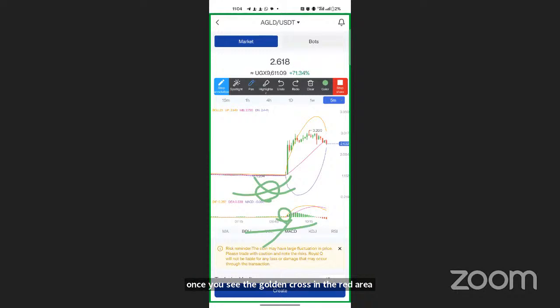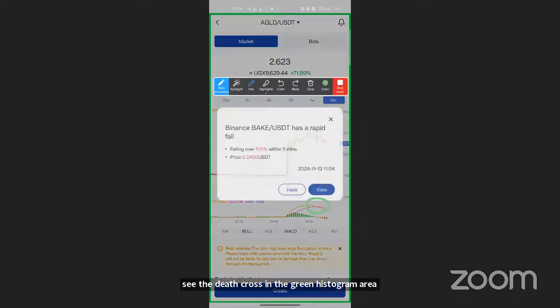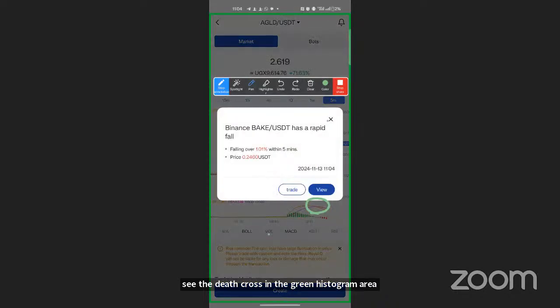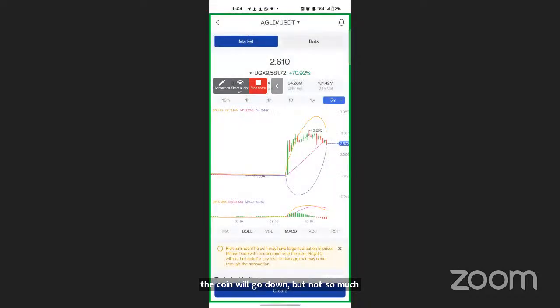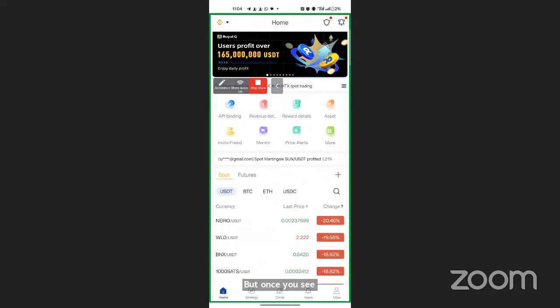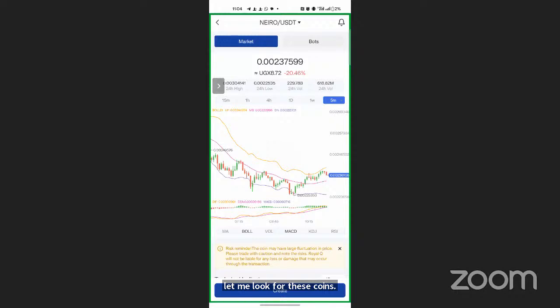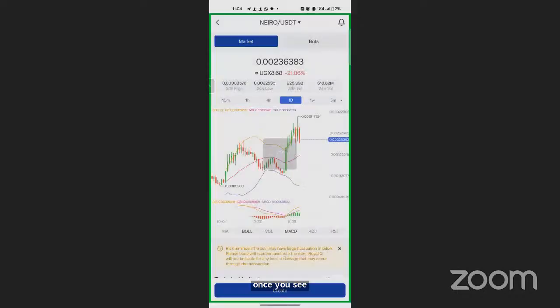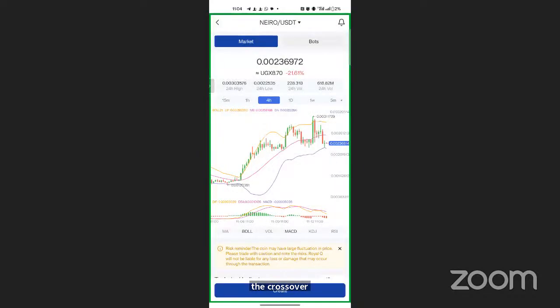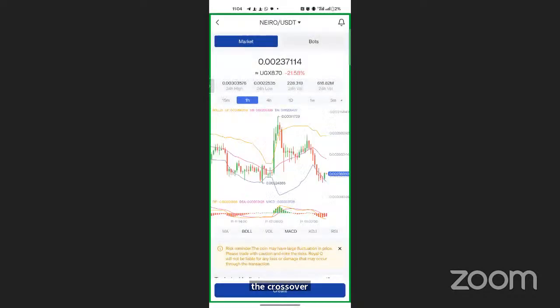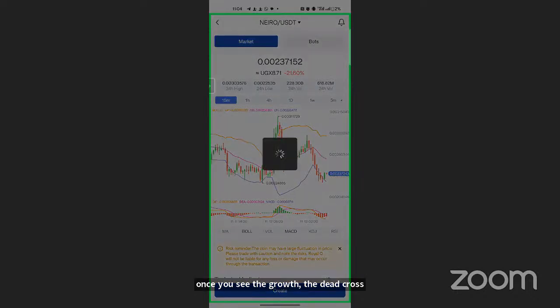The same thing with the death cross. Once you see the death cross in the green histogram area, the coin will go down, but not so much.